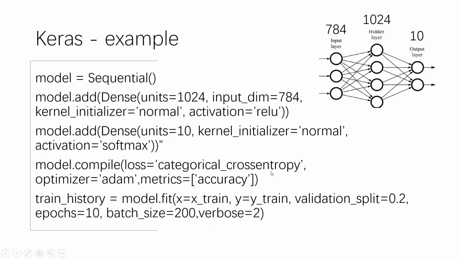So everything is defined in these 5 lines of code, and with just these 5 lines of code, you can already define the neural network and train the neural network. And you can see later that if you want to add some convolution layer or some dropout layer, it is the same code.